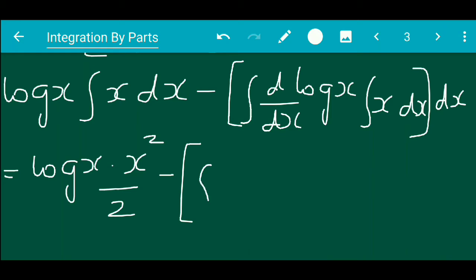In the integral sign, first of all d/dx of log x we have to write. So, d/dx of log x is 1 upon x, that you know already. Okay, and again the integral of x has come. So, the integral of x becomes x square upon 2. So, x square upon 2 dx.